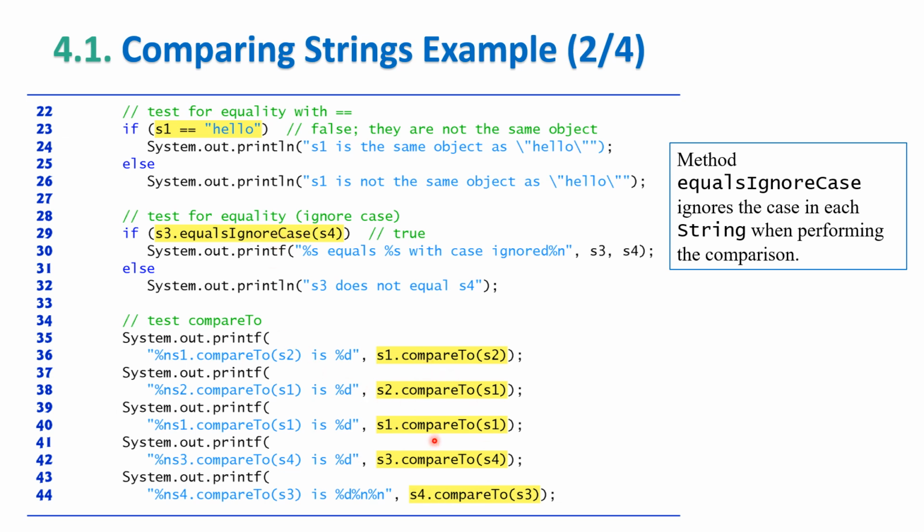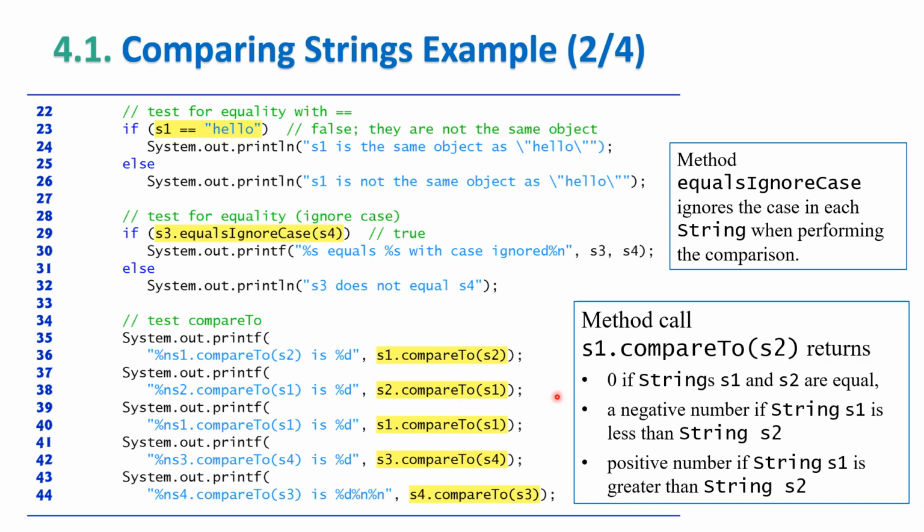Then the program makes several calls to the string method compareTo to compare between s1 and s2 and between s3 and s4. Note that method call s1.compareTo(s2) returns an integer value instead of a Boolean value.